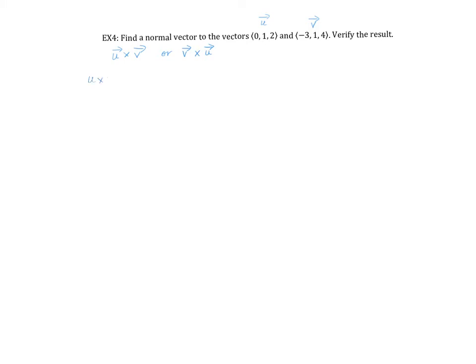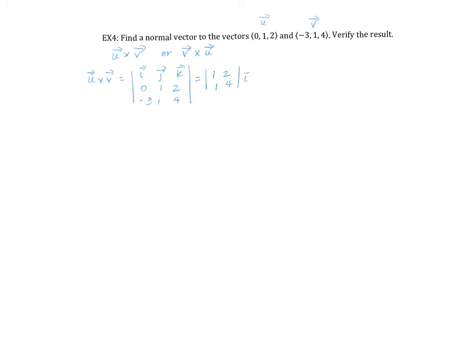u cross v is going to be i, j, k vectors, right? Where u is 0, 1, 2, v is negative 3, 1, 4. So the cross product is going to be equal to cover i, and we have 1, 2, 1, 4.